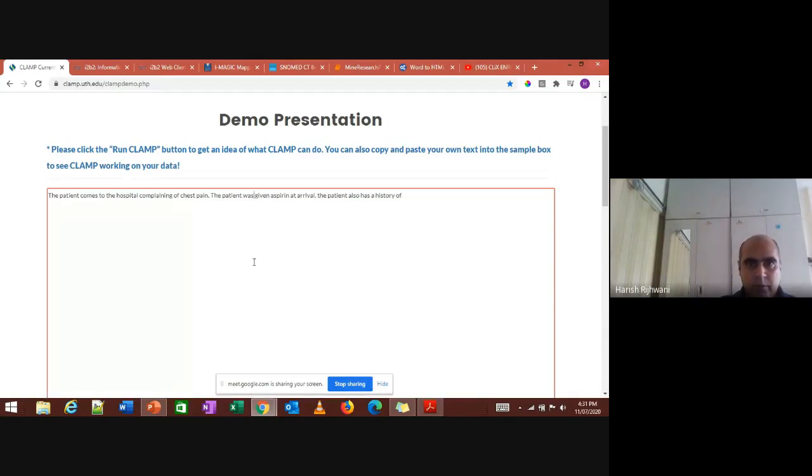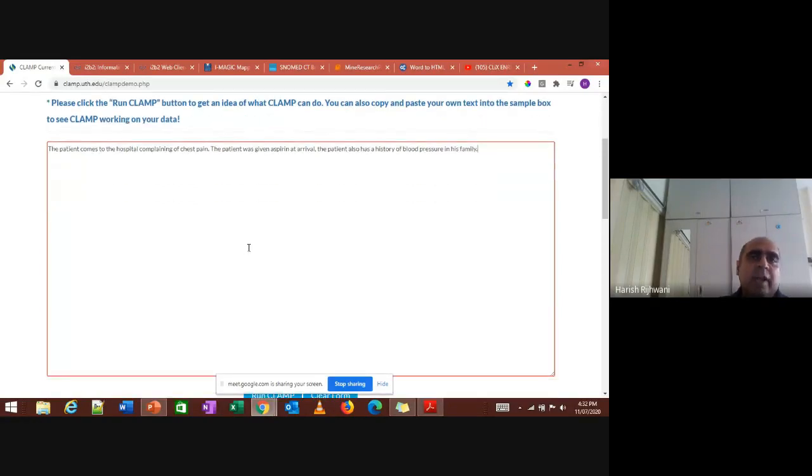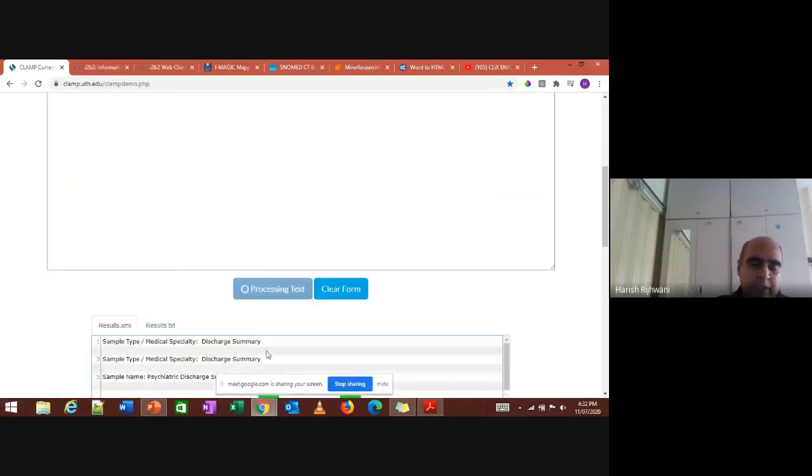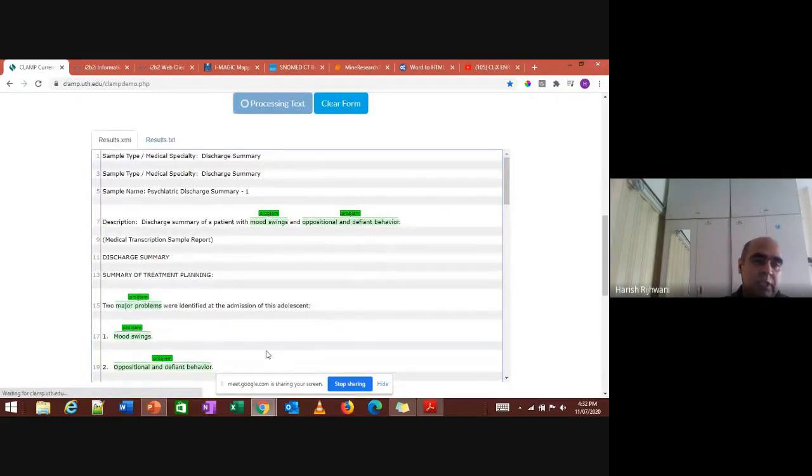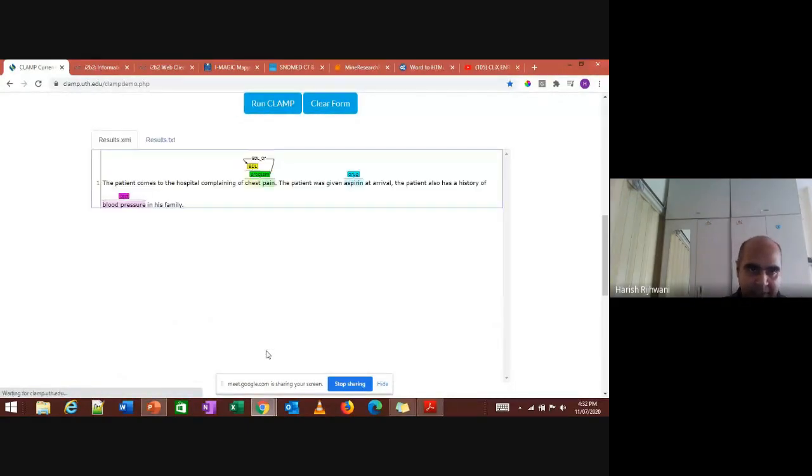Blood. When I run this, or probably it's just a demo version, which is why I'm not getting all the output. The other tool which is there, open source, is cTAKES. I was not able to set that up because I kind of lost my access to SNOMED.